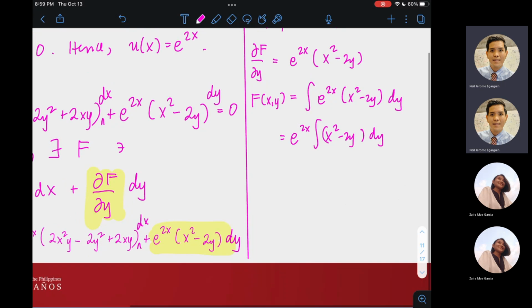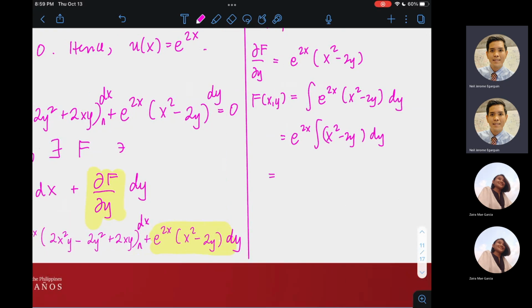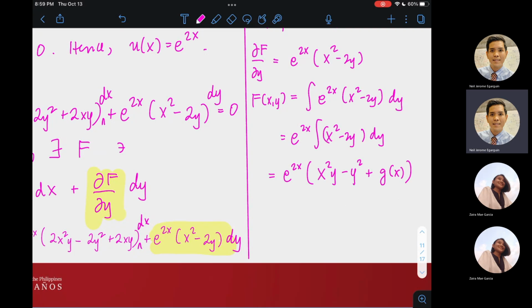Tapos, ang mangyayari, ito ay magiging equal sa, saan to magiging equal? Magiging e to the 2x times, okay, integral na nito. Ang integral niya ngayon ay x squared y, okay, then minus y squared plus an arbitrary constant. Not an arbitrary constant, pero an arbitrary function of the variable x. Right?